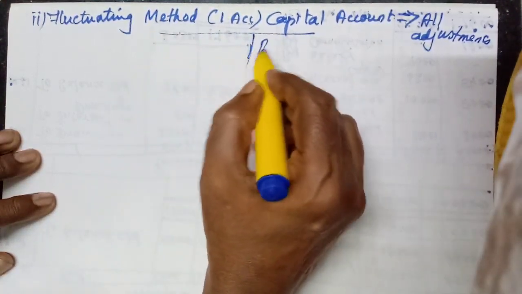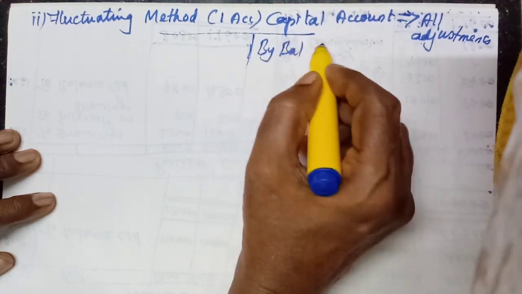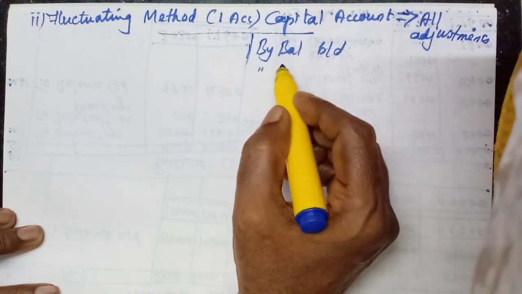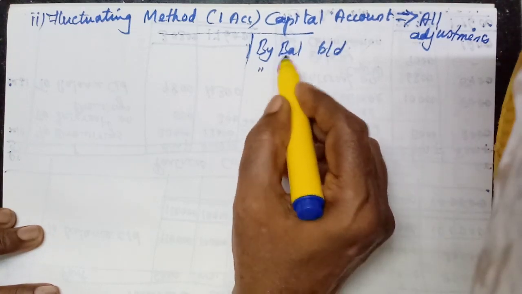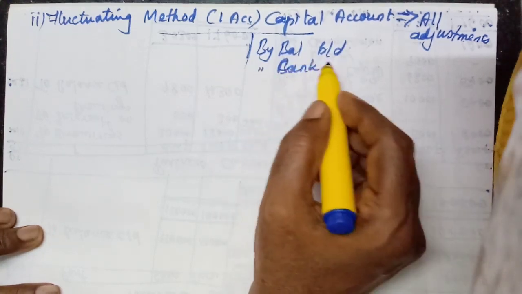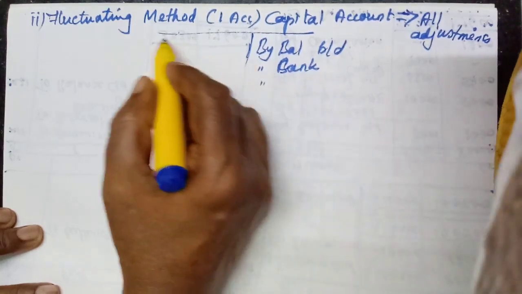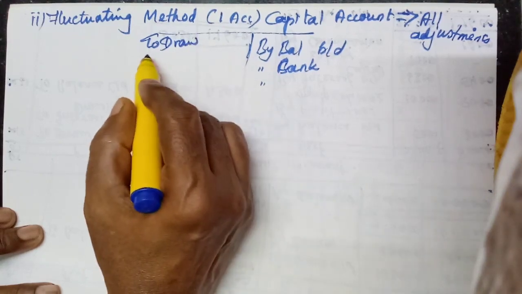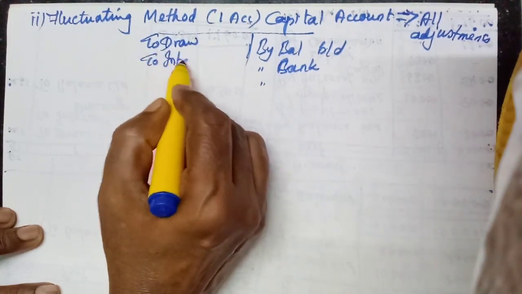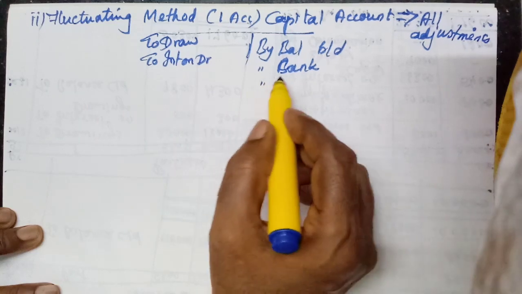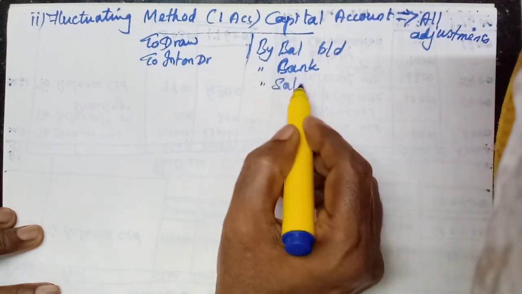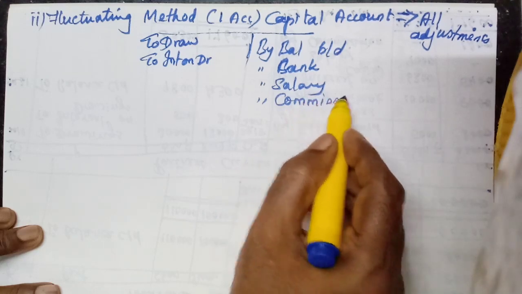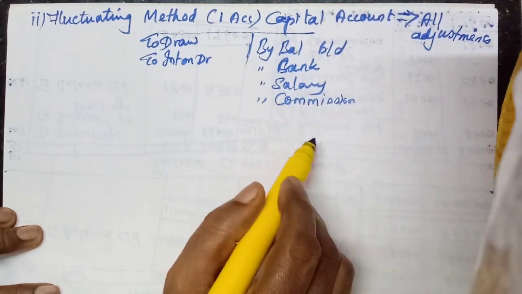Here, in the fixed capital, what we did was by balance brought down. Then by additional capital, bank. Then any withdrawings to drawings. Then interest on drawings. Then any salary. Then commission. All the adjustments must be done only in the partners capital account.